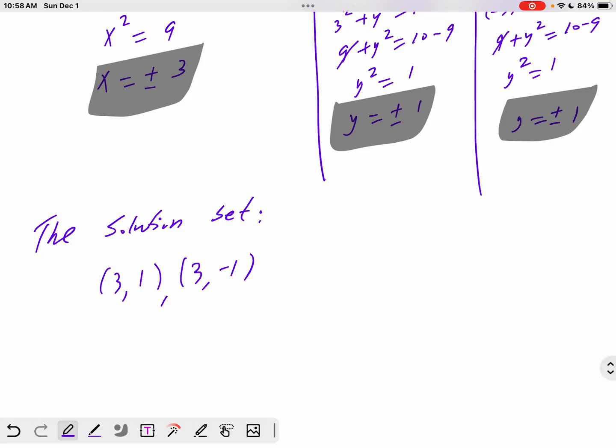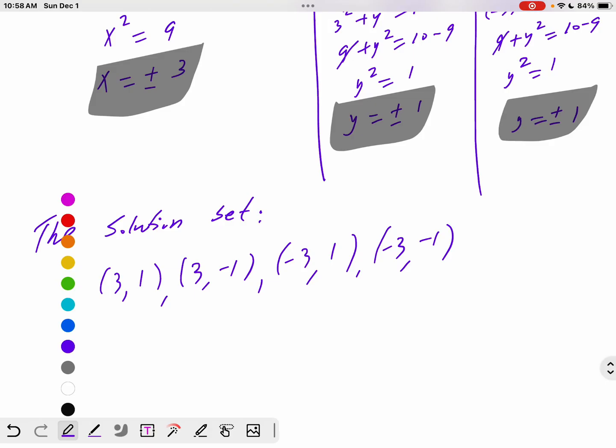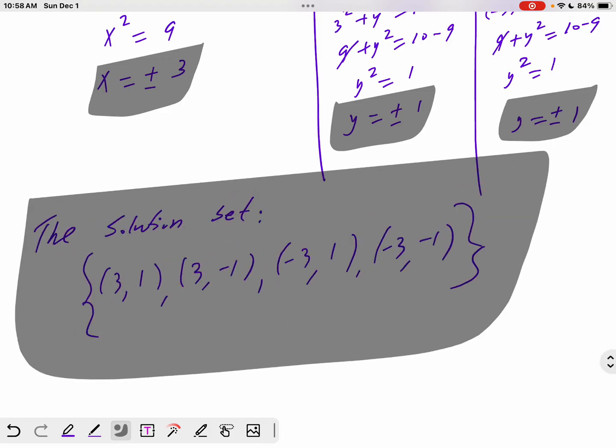So we have 2. That's the first one. When x is negative 3, y is positive 1. Also, when x is negative 3, we have negative 1. So we have 4 answers, and that is your solution set here.